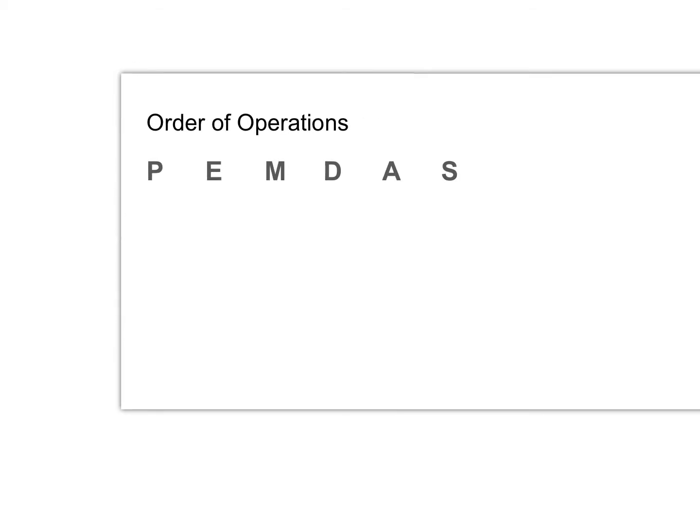Remember, P stands for parentheses. Okay, that's the first thing we look for when we take a look at order of operations. The second thing we look for after parentheses is exponent.